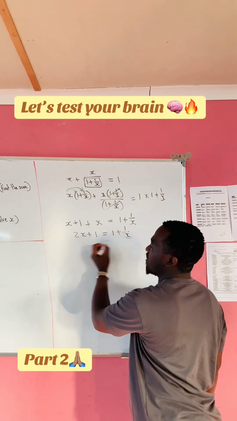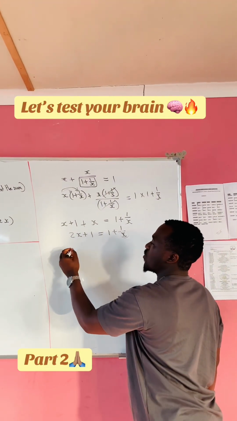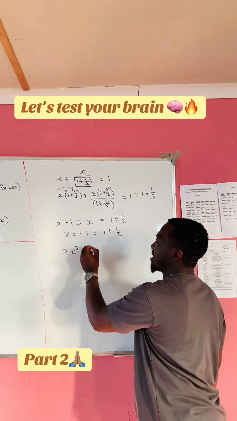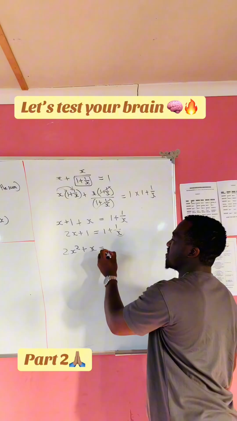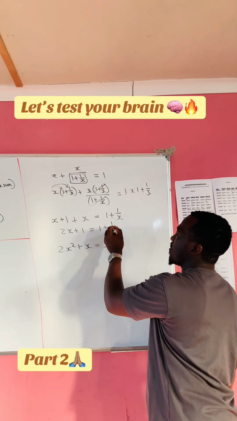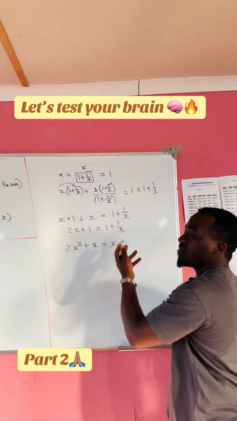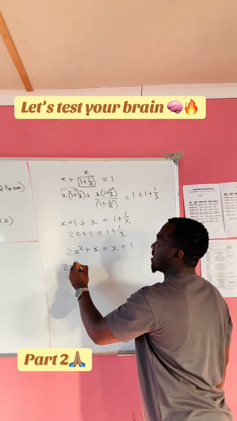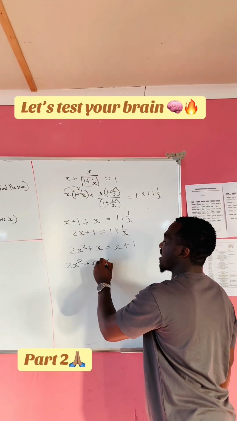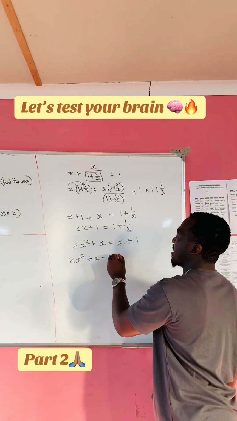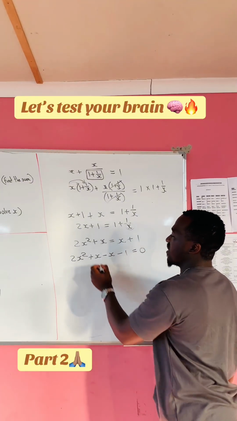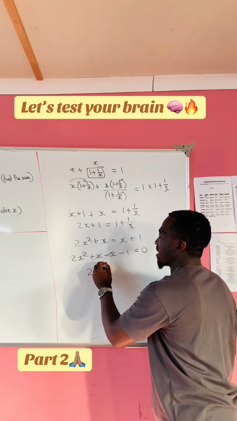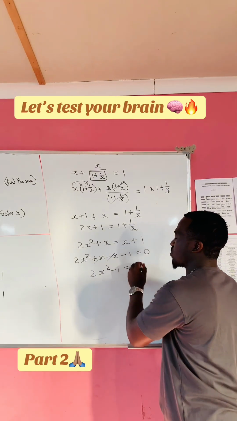So we're going to multiply 2x by x, we get 2x squared plus 1 times x is x, which is equal to 1 times x, x again, plus 1 x over x, it's just going to be 1. Now 2x squared plus x minus x minus 1 equals to 0. Then these two are additive inverse, we cancel them out. We're left with 2x squared minus 1, which is equal to 0.